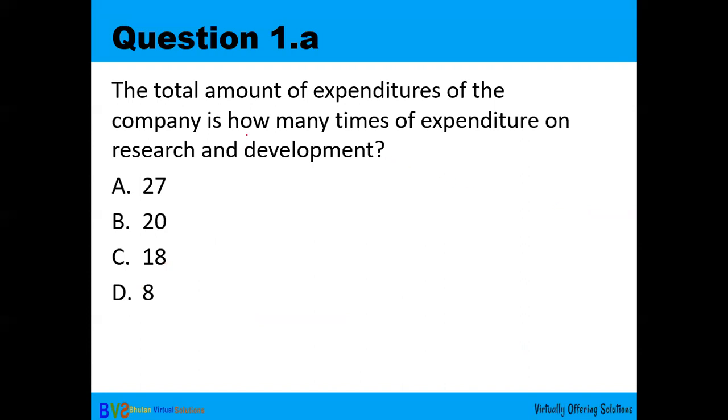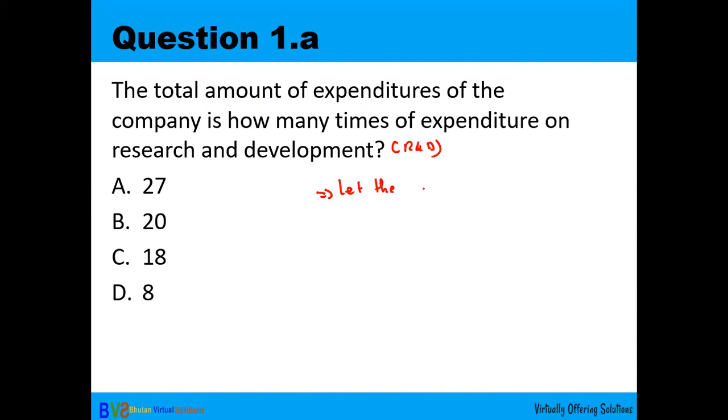Question number 1A. The total amount of expenditure of the company is how many times of expenditure on research and development, R&D. So we don't know what the total expenditure is.